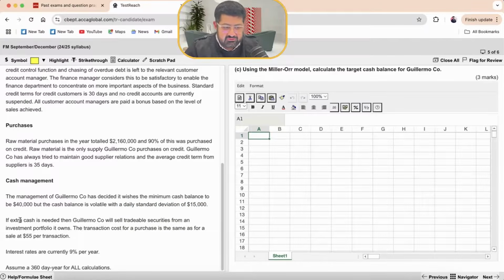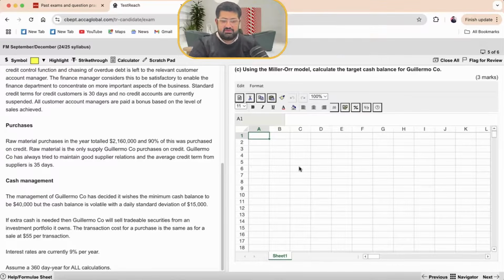Okay, so if extra cash is needed, then they will sell tradable securities from an investment portfolio it owns. The transaction cost for a purchase is the same as for a sale, $15 per transaction. Interest rate is 9%. So now the point is calculate the target cash balance.